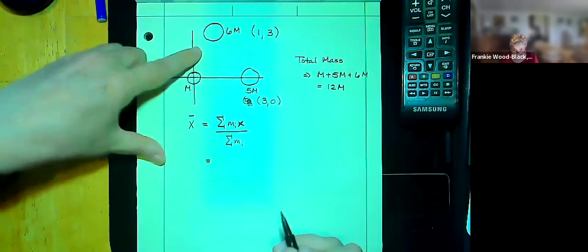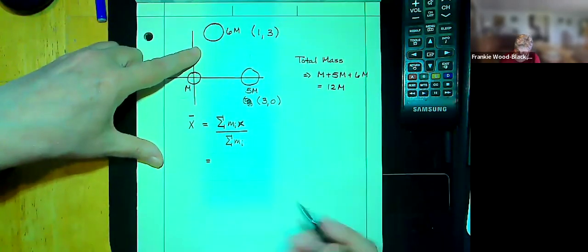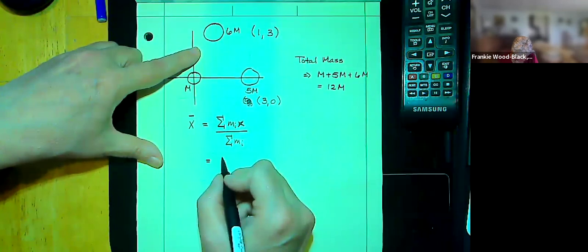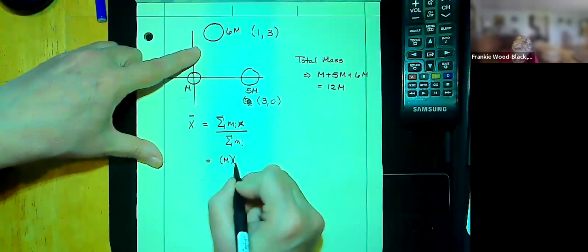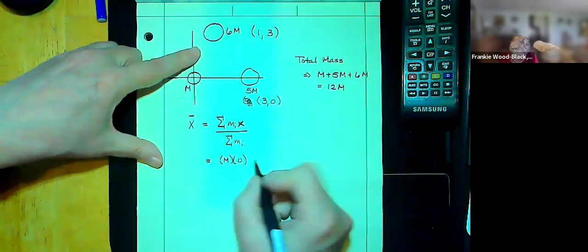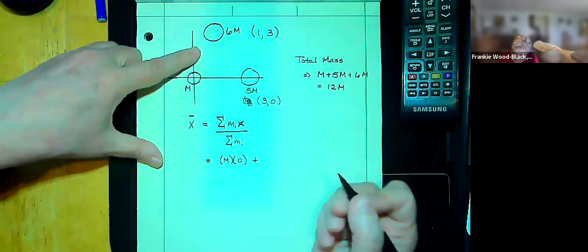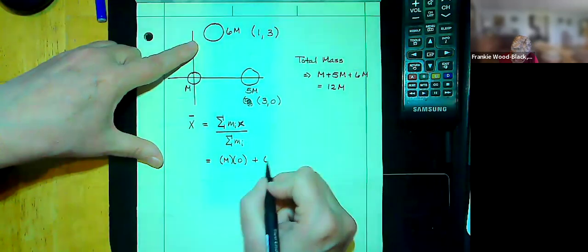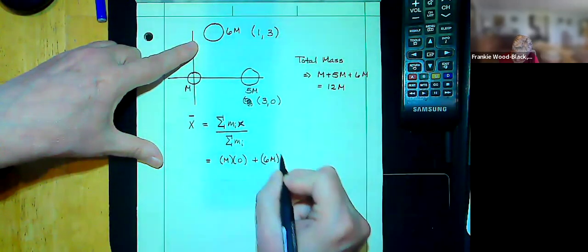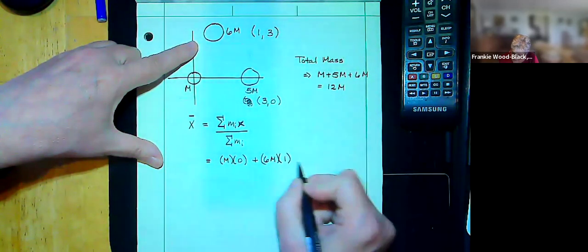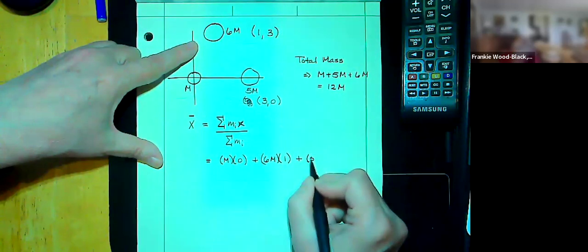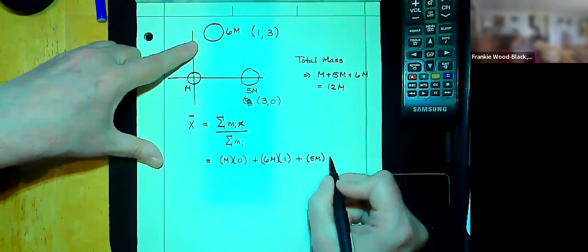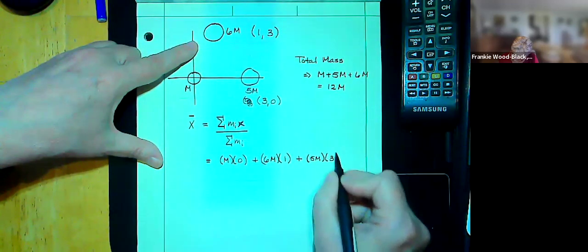So if I want to calculate the position of my x, my first one was at m, and it's located at 0. My second one is 6m, and it's located at 1. And my third one is 5m, and it's located at 3.